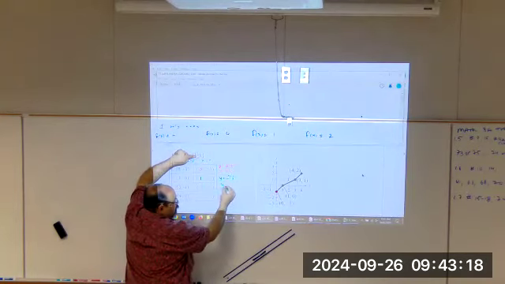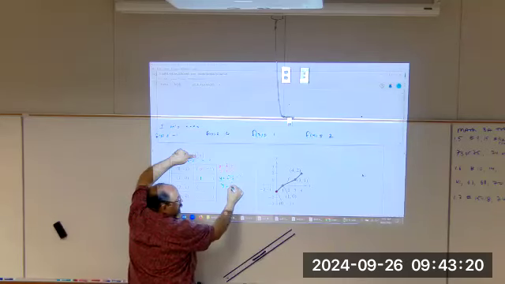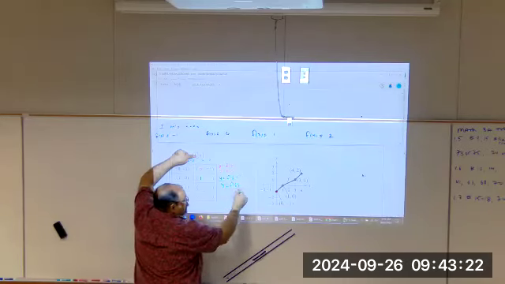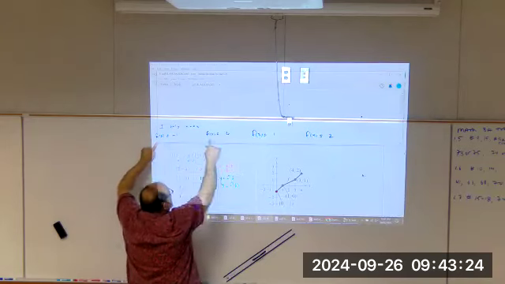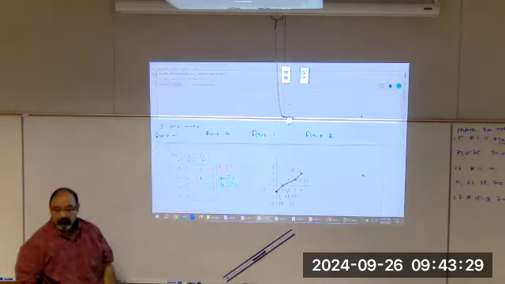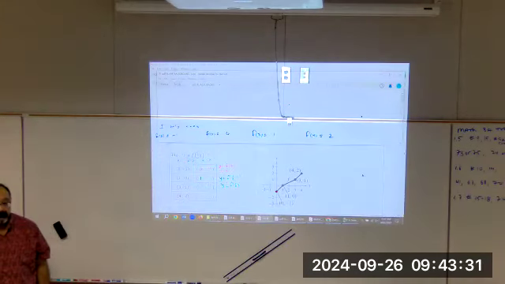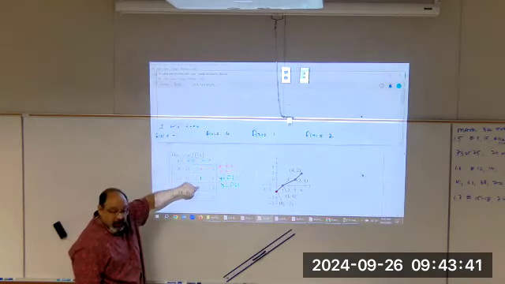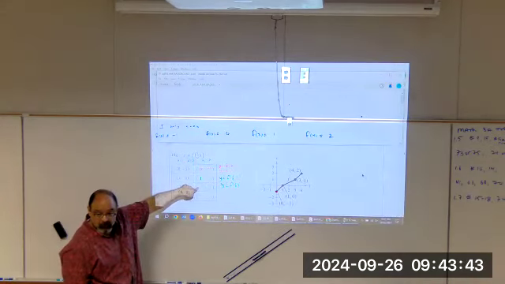What's half of 1? I get f of 1/2. So now I'm looking up here. When I plug in a half, I don't have an answer. They don't tell me what 1/2 gives. I can't make it up. So I must not be able to use 1 right here.